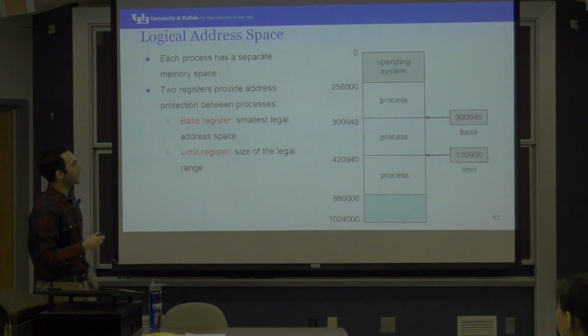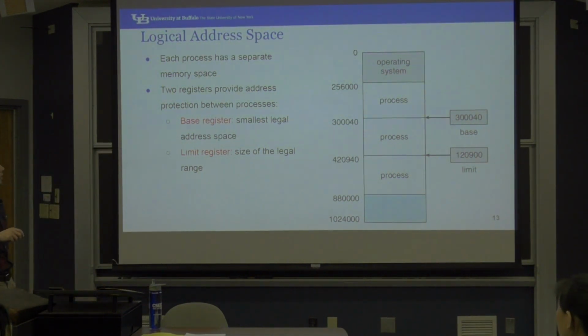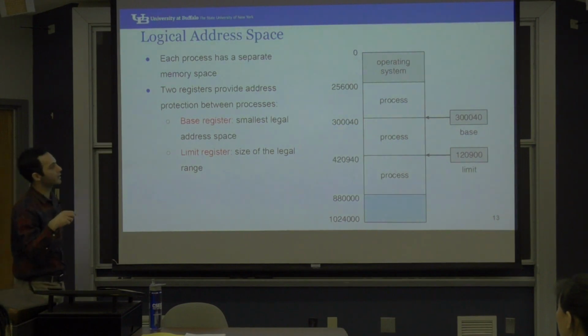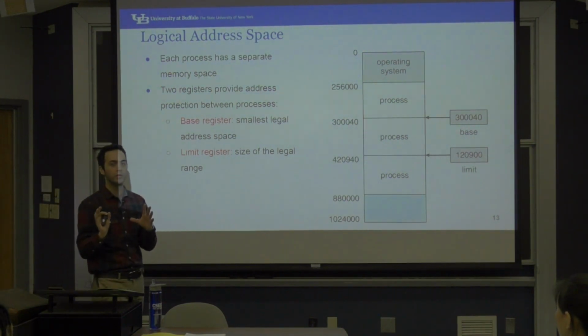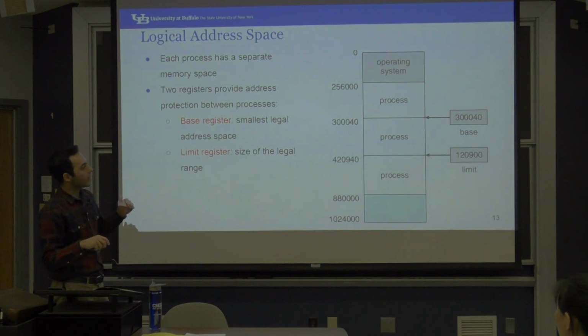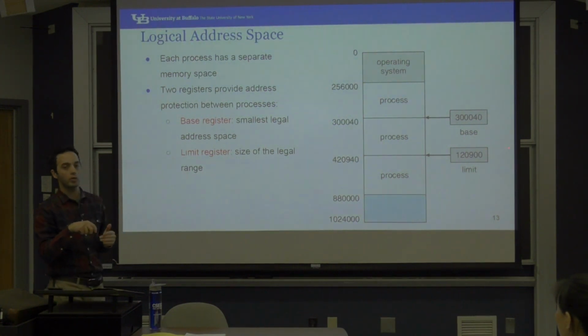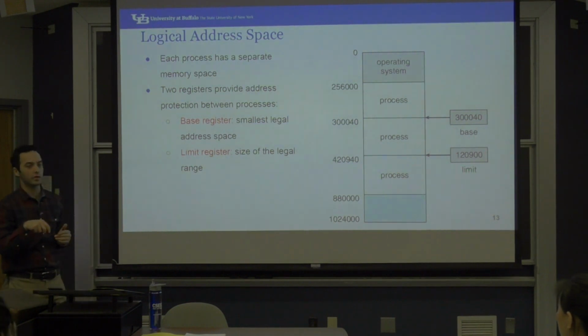So there's a mapping. The simplest way for an operating system to map, and this is just very simple, is that we consider the process to be contiguous, and we have 2 registers, a base register and a limit register.